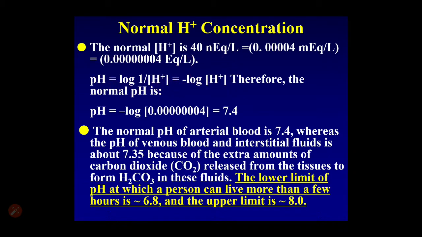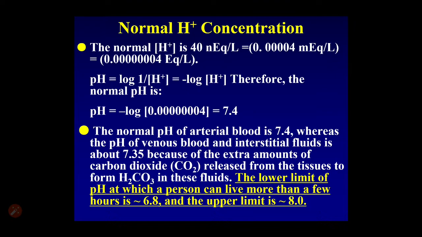Therefore, the normal pH, and we know the concentration of H plus, it's this much. So minus log of this is equal to 7.4. This is the log to the base 10. So you probably understand now how we get this 7.4.